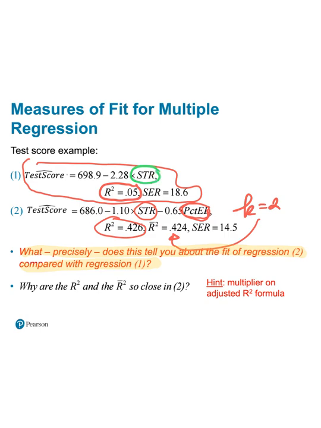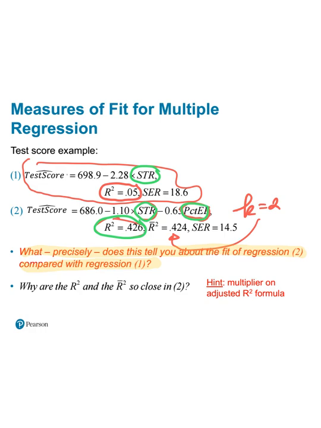But when we control for student-teacher ratio and the percentage of students that are ESL, this now can explain almost 43% of the variation in Y. So it explains about 43% of the story. So we're getting better and better.